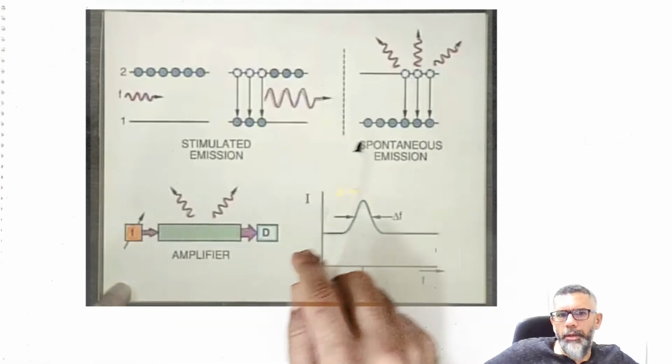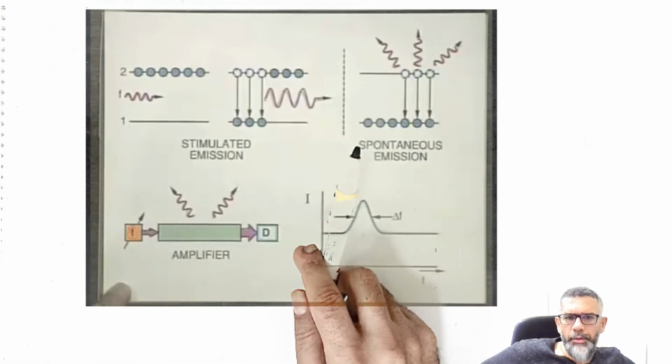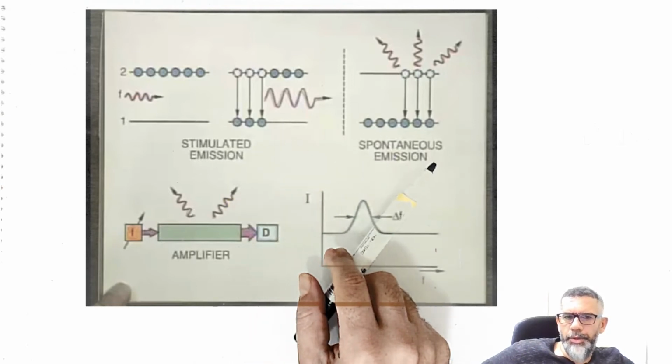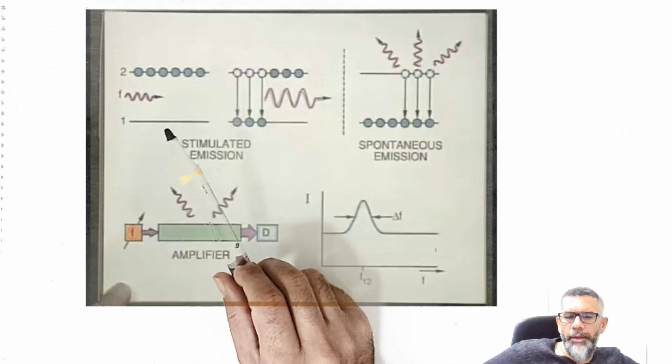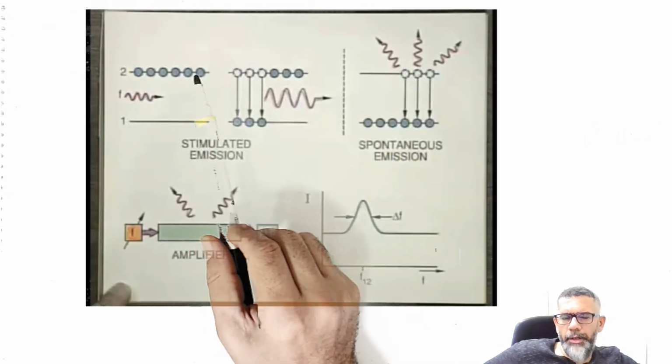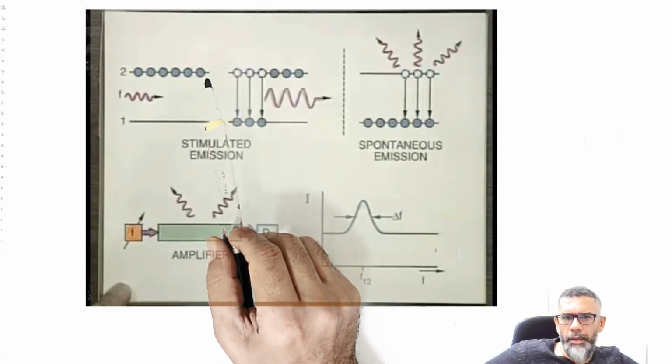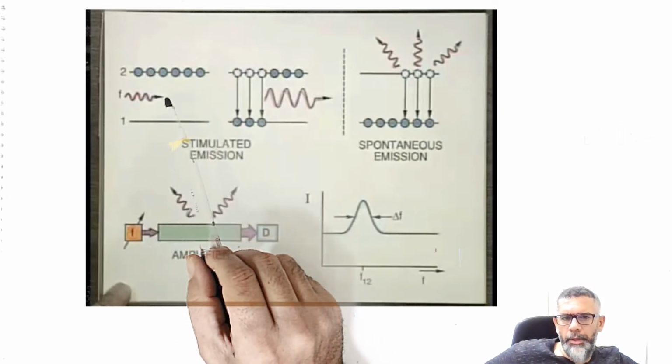So this picture just shows you the difference between the stimulated emission and the spontaneous emission. What you see on the left is a very high number of atoms at excited levels. There is also this incoming light.